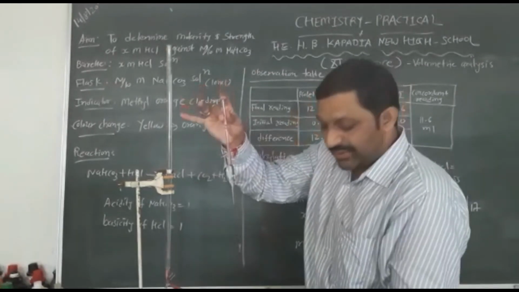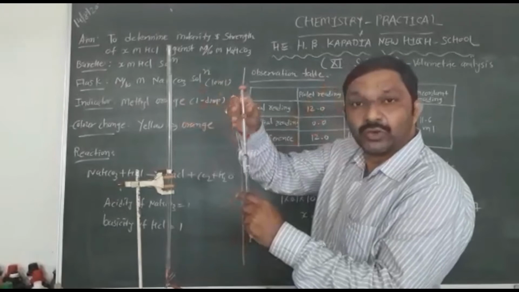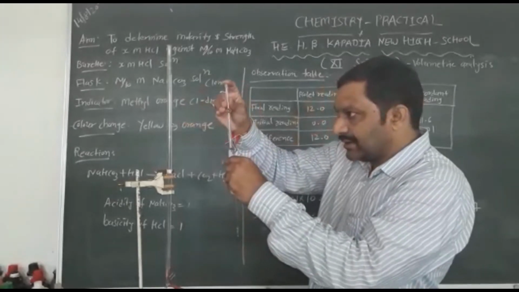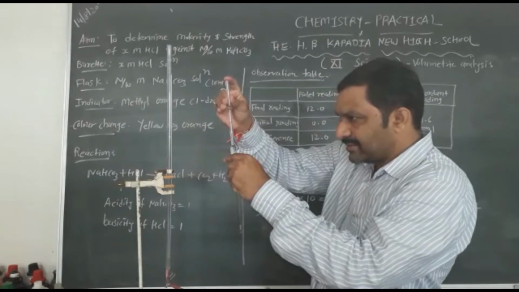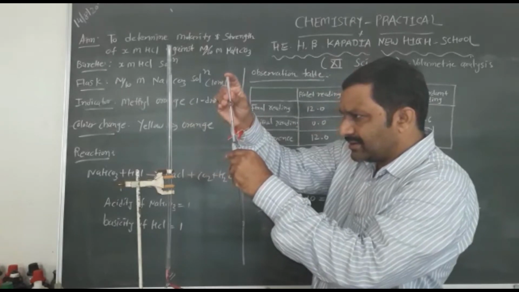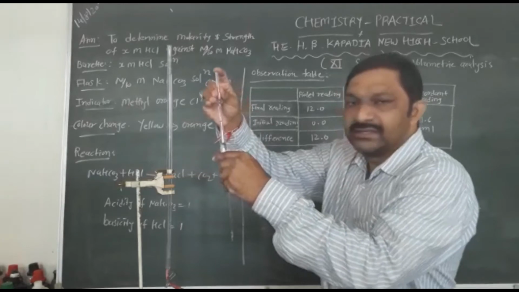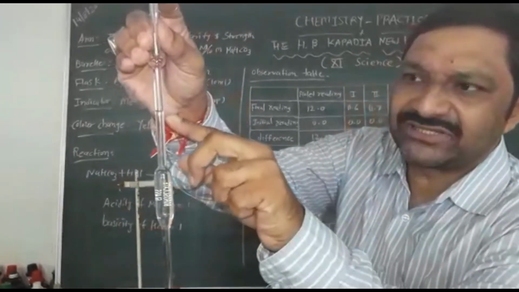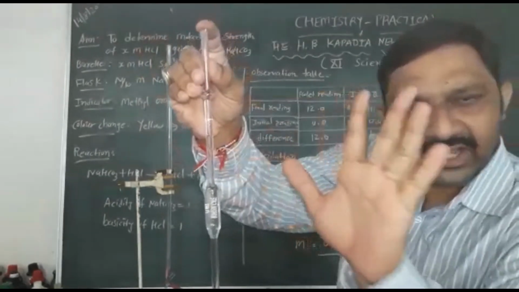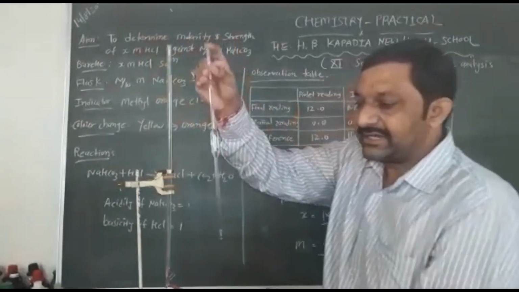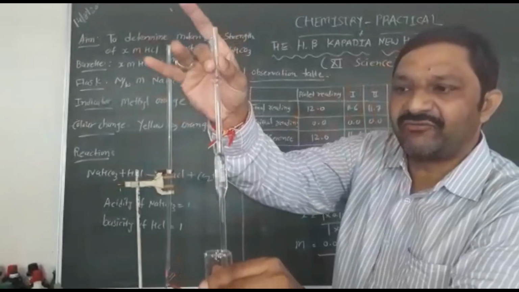You have to use the first finger only here, and release air. So here is your scale and here is your lower meniscus. Clear? So I will take 10 ml into my conical flask.